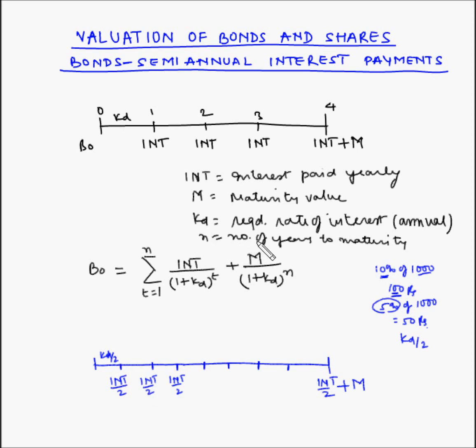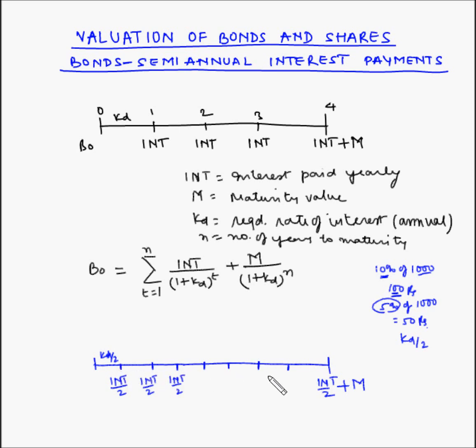Now N is the number of years to maturity. In semi-annual interest paying bonds, N will be doubled because now there are 2 times the number of periods. So instead of years, now we are considering periods.